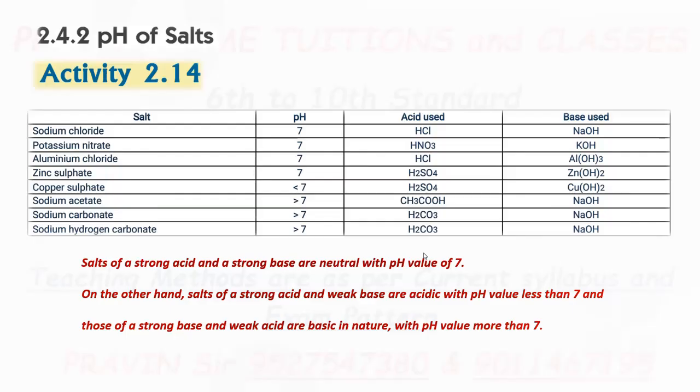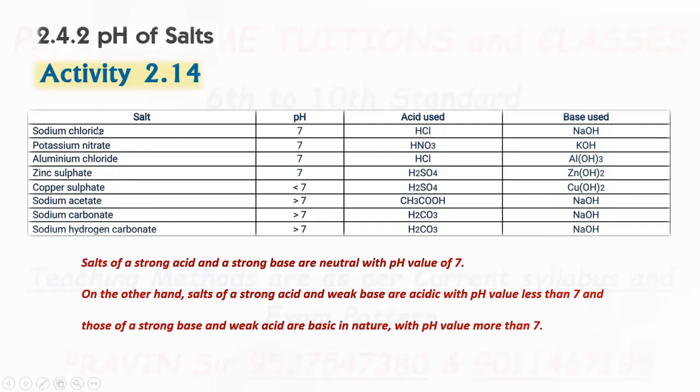As we already know, salts of strong acid and strong base are neutral with pH value 7. If a strong acid reacts with a strong base, whatever salt is formed is of neutral nature.